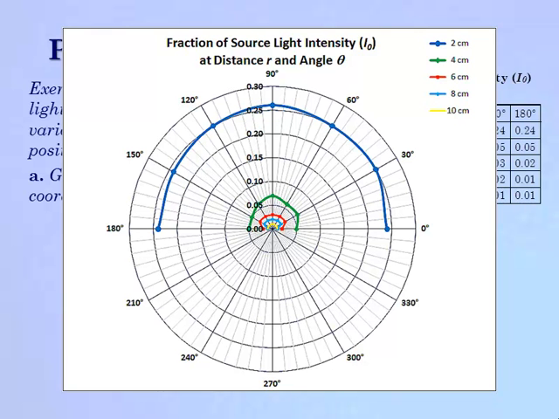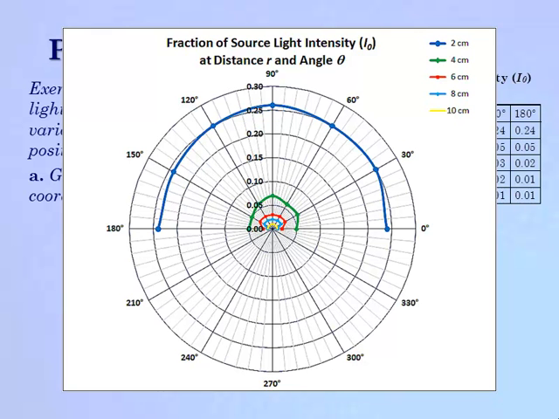So we've produced this. Here you'll see the legend or key that shows which color corresponds with which distances. At 2 centimeters, which is real close to the source, right here at the center, we measured at 0, 30, 60, 90, 120, 150, and 180 degrees, all at 2 centimeters away from the source.